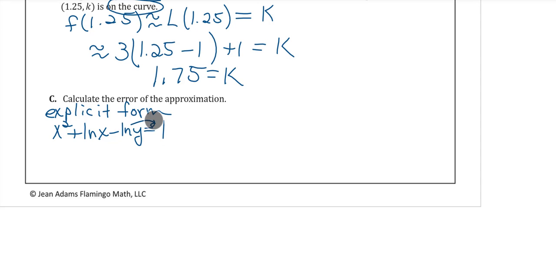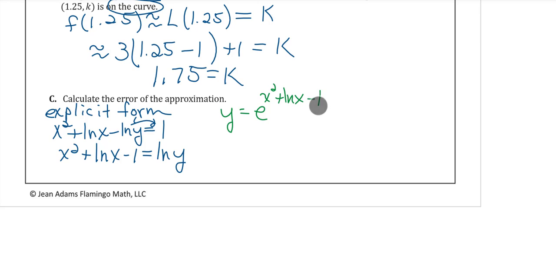So switching these two, we get x squared plus ln of x minus 1 equals ln of y. So now we have to raise both sides to the e power. And when we do that, y is going to equal e to the x squared plus ln of x minus 1.